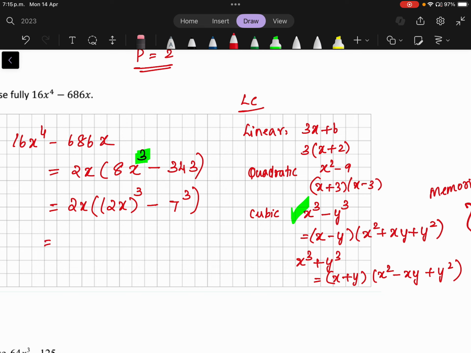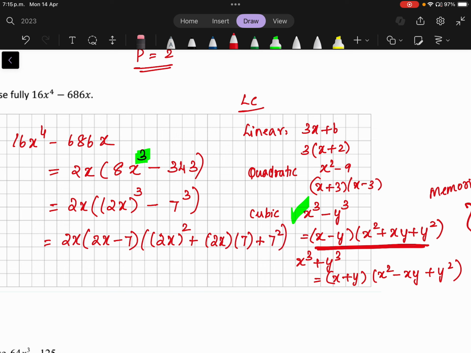And then you will simplify this as x minus y. So 2x minus 7, and then x square is 2x square plus 2x times 7 plus 7 square. That is equal to 2x into 2x minus 7, 4x square plus 14x plus 49.